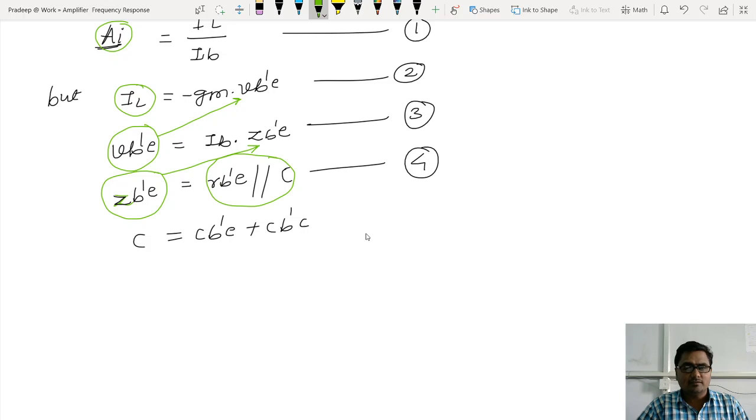When you calculate the value of IL, put the value of IL in this equation of AI and finally get AI. That's the simplest process we need to follow. Now, as a first step, let us calculate this ZB'E. But while calculating ZB'E, I'm using C only. I'm not writing the complete C equals CB'E and CB'C.